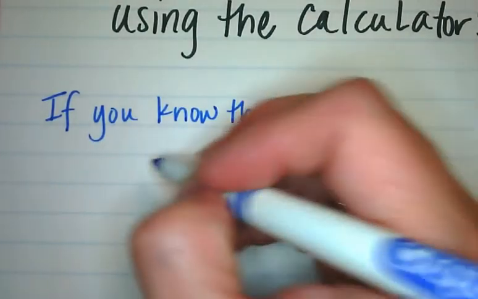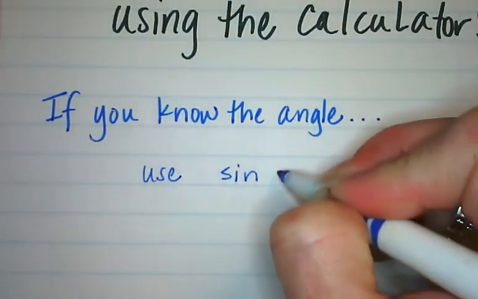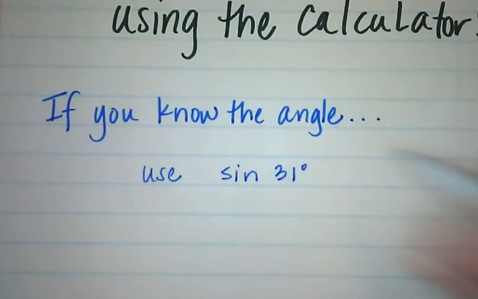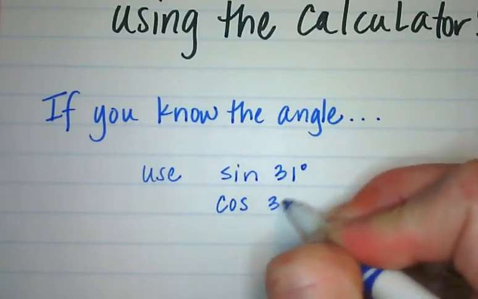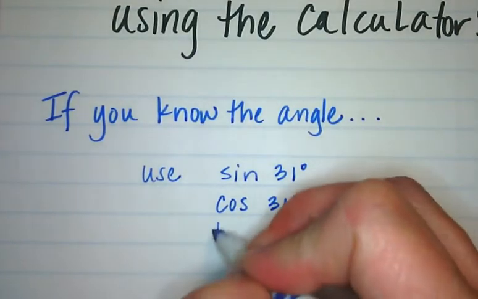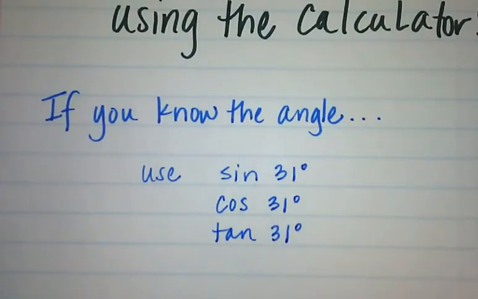Then what you do is you are going to use the sine of the angle button, or you would use the cosine of the angle, or you would use the tangent of the angle. So that's what you do if you know the angle.